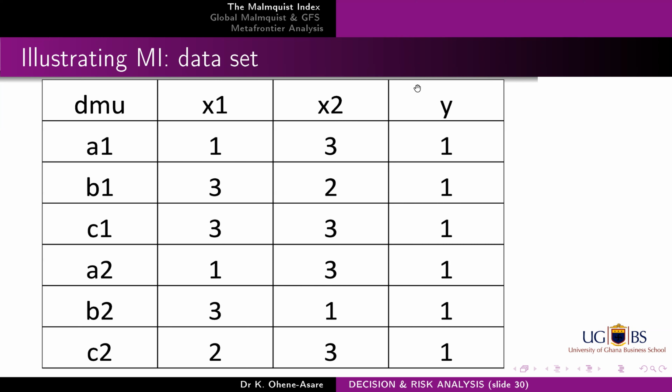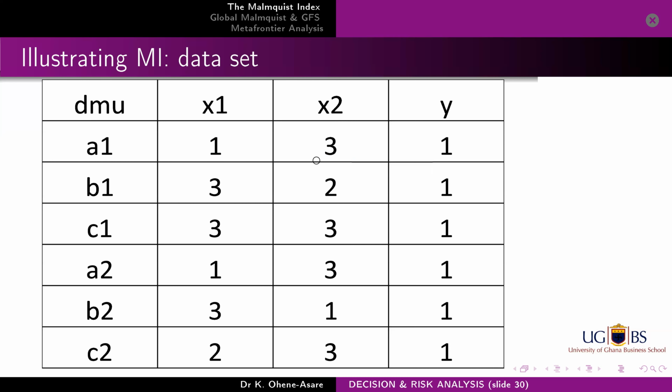Because the output has been normalized to 1, the focus will be on dealing with the inputs. So you plot the 1 against the 3.